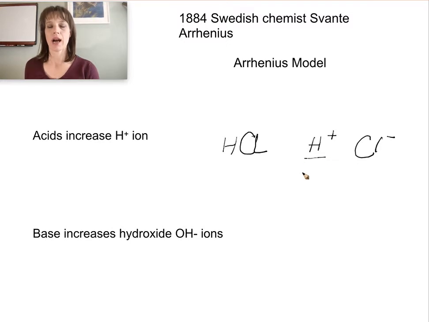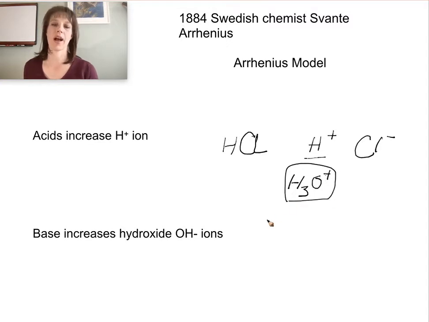Of course, hydrogen ion doesn't actually exist, and it would bond with the water molecule and become a hydronium ion in solution, and that would increase the hydrogen ion concentration. That's considered an acid in the Arrhenius model.